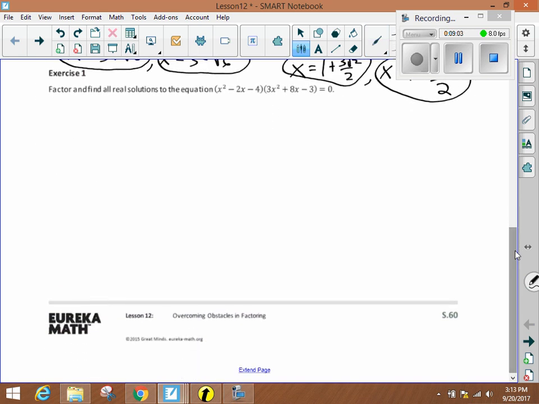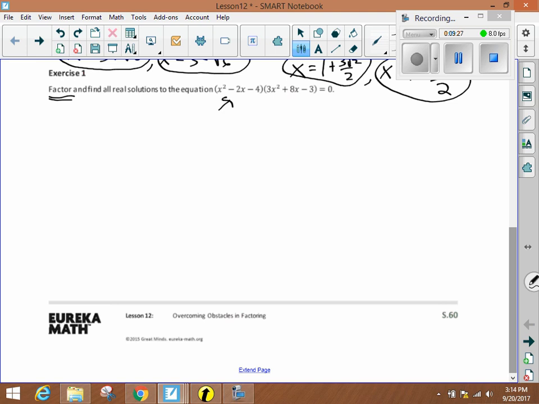Hey, let's factor and find all real solutions. So, I just heard the magic word. Hopefully they're actually factorable. That would be just fantastic. Hey, why are you telling me to factor this? Well, let's leave this one.